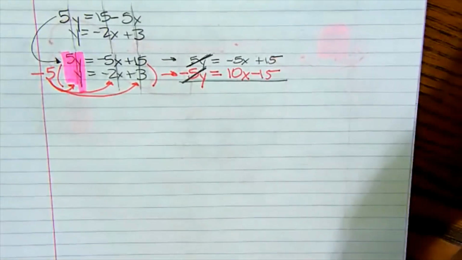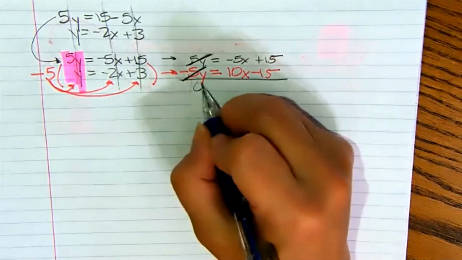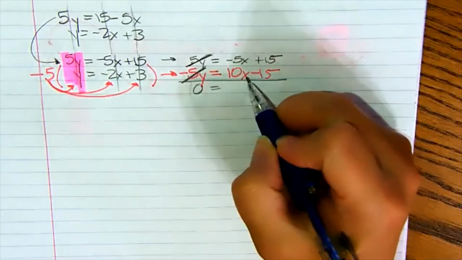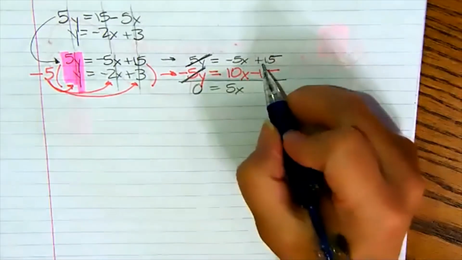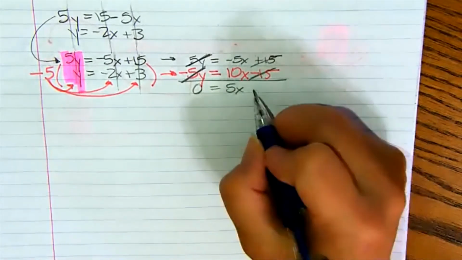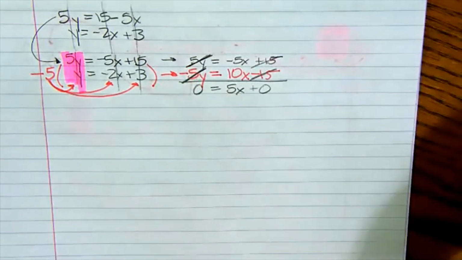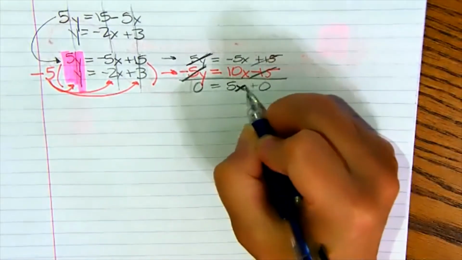Therefore, they are eliminated. 5y minus 5y is 0 equals negative 5x plus 10x is 5x. And positive 15 minus 15, those cancel each other and we're left with 0. There's an awful lot of zeros here. It's making me nervous. But I still need to isolate my variable.